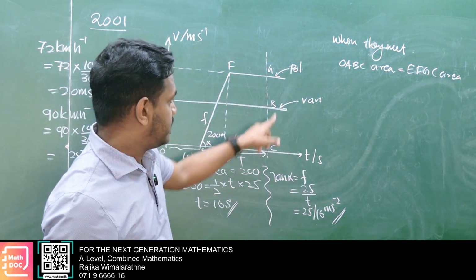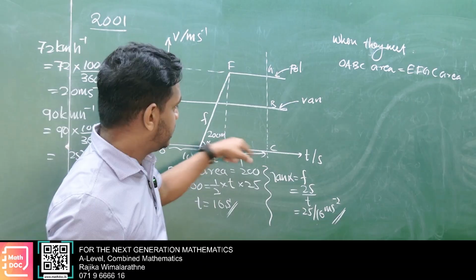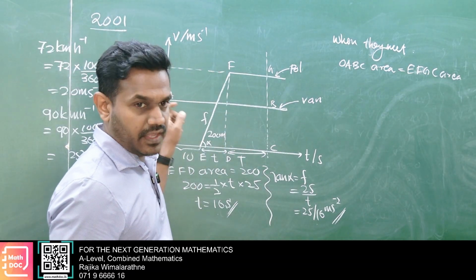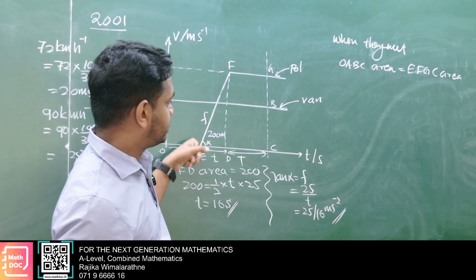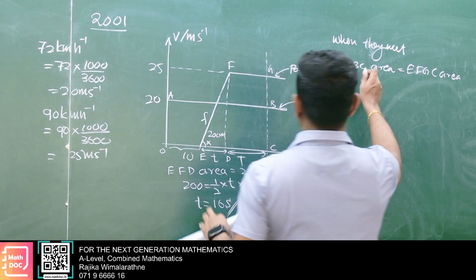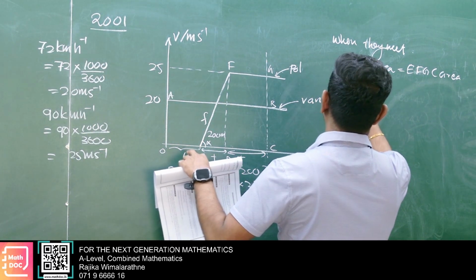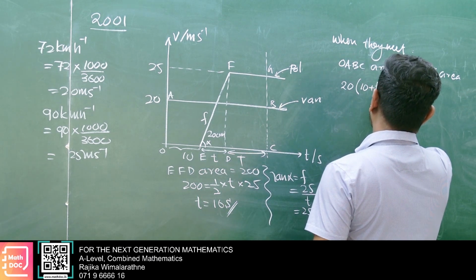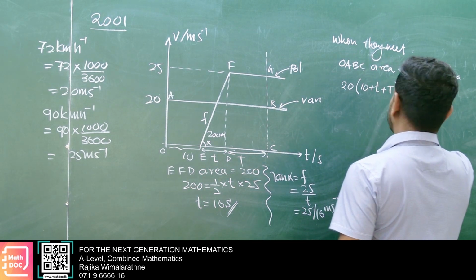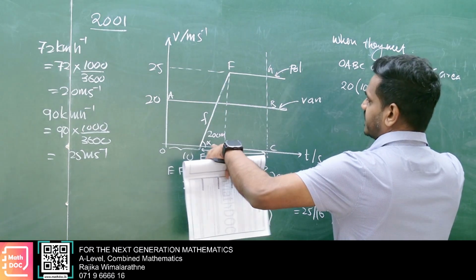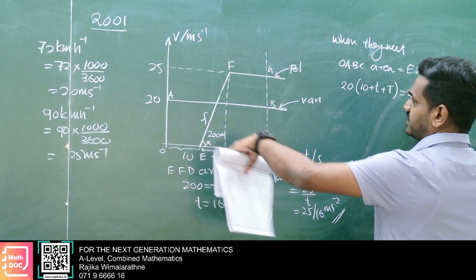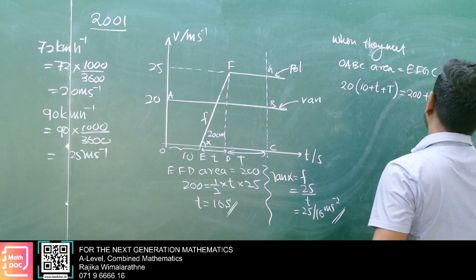So here the van displacement is the area bounded by this van graph. Then here the police car is this. Then 20 into 10 plus t plus capital T, that is 10 plus small t plus capital T. Here the police car displacement: first 200 meters with acceleration, then uniform velocity 25 times T.